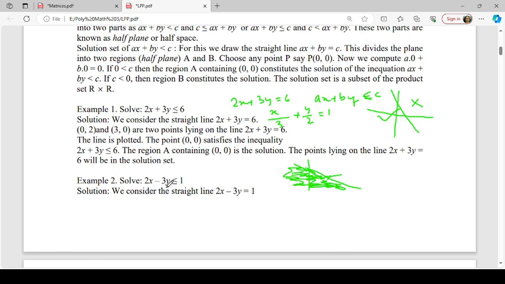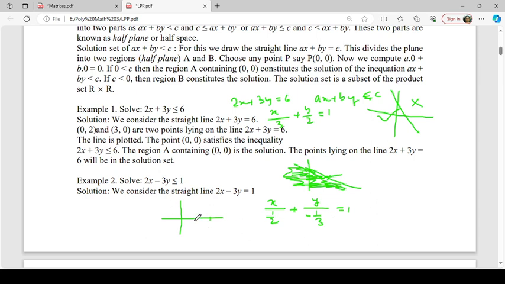Then 2x minus 3y is equal to 1. First we draw the straight line. In intercept form it is x by half plus y by minus 1 by 3 is equal to 1.